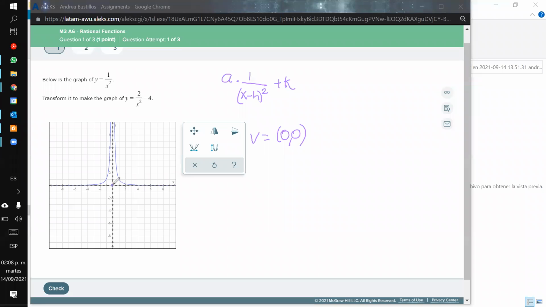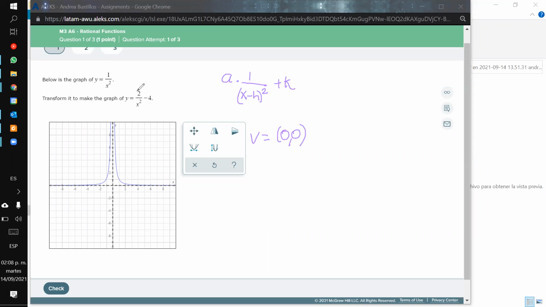So starting from the vertex, what happens with the original graph if I run 1 to this side? Notice that if I run 1 to the right, it's the same as evaluating the function in 1. So evaluating the function in 1 is going to give me 1. That is, if I run 1 to the right, I'm going to rise 1 upwards.